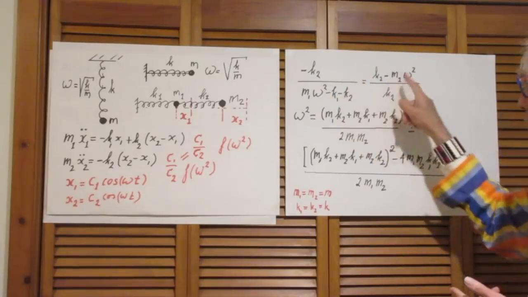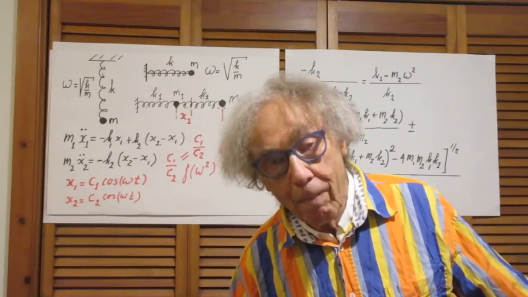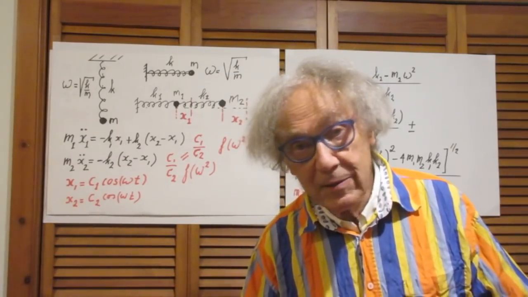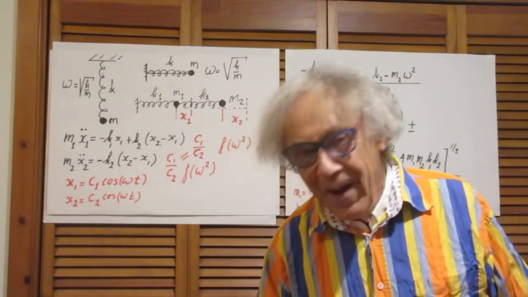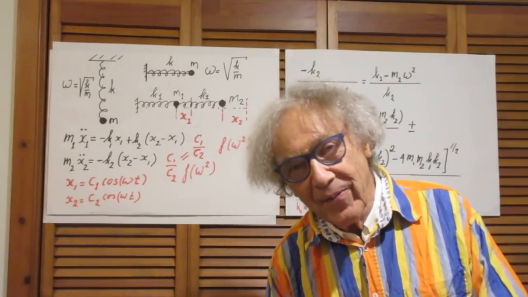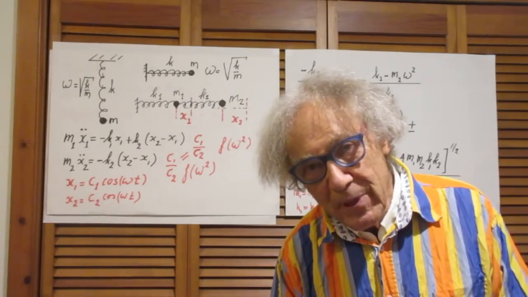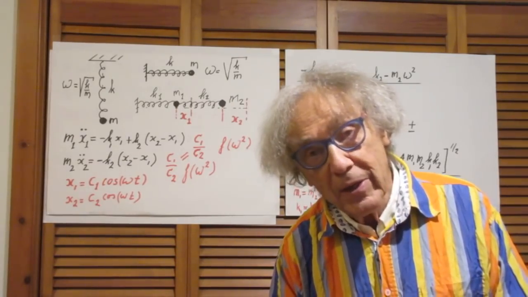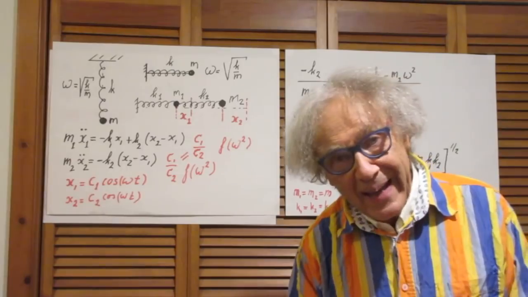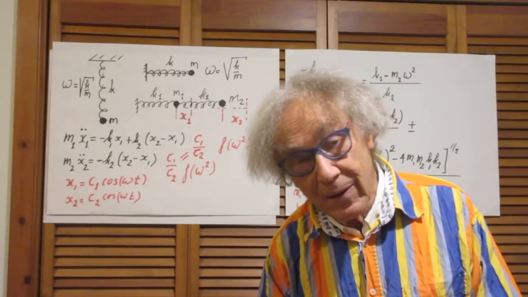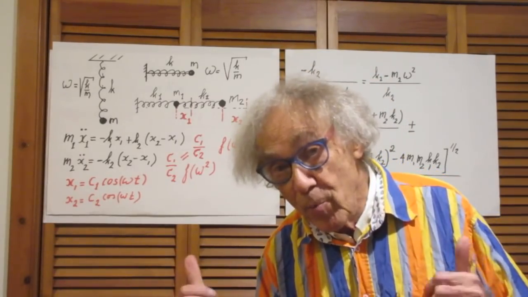So you have to massage this algebra a little bit so that it gets the form where the equation is ax squared plus bx plus c is 0. And the x in that equation is omega squared.